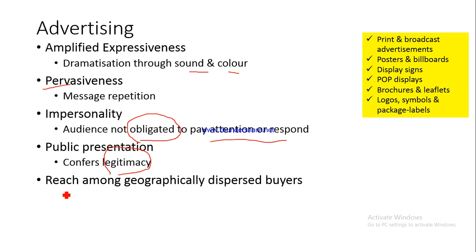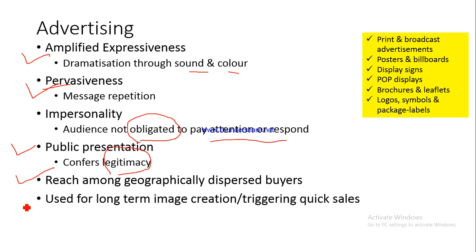So there is a good reach among the geographically dispersed buyers as far as advertising is concerned. I hope you understand that this amplified expressiveness, pervasiveness, public presentation and high reach among geographically dispersed buyers, these are the strengths of advertising as an element in communication mix.